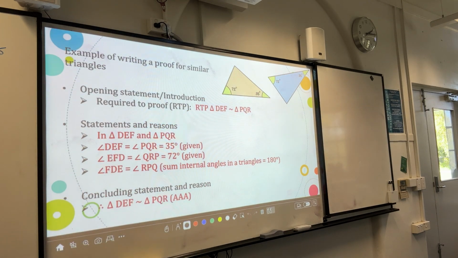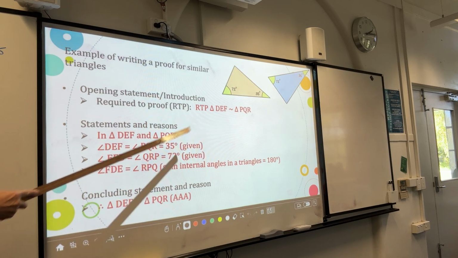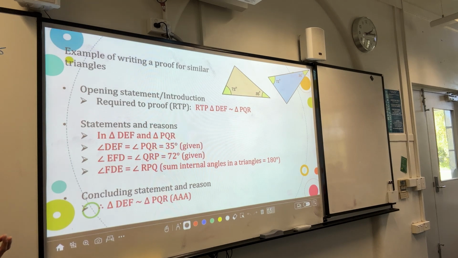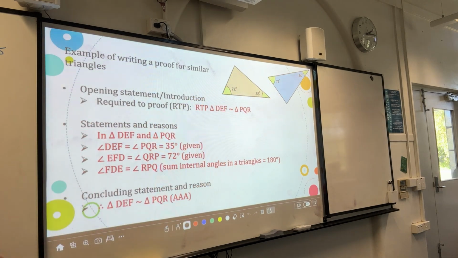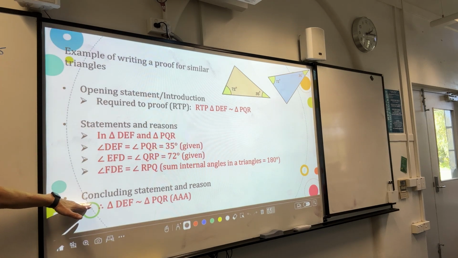Second one, this is the same angle as that, 72 degrees. Again, it's given. Now, you need to give the third reason for proving similar triangles. This angle will be the same as that angle because the sum of internal angles in a triangle equals 180 degrees. See the steps. And then you can conclude.